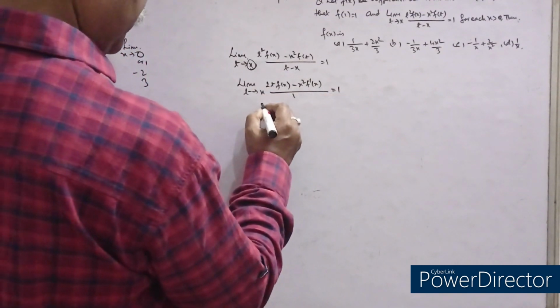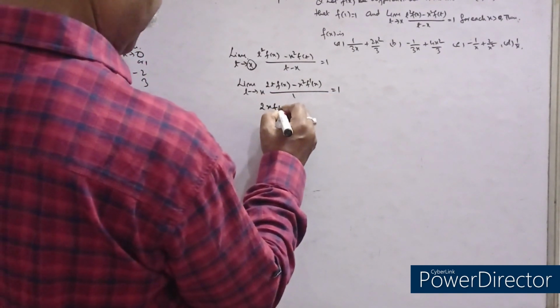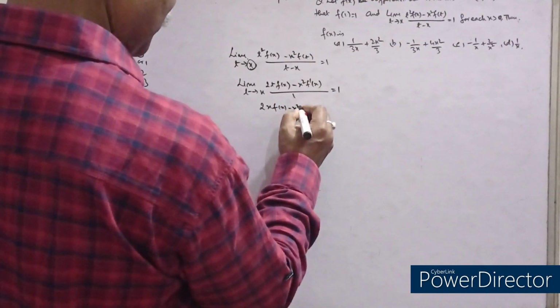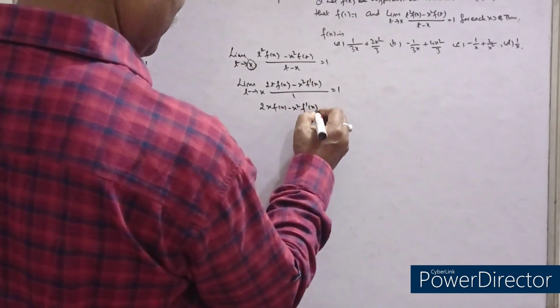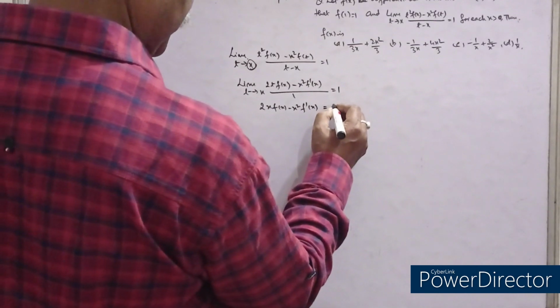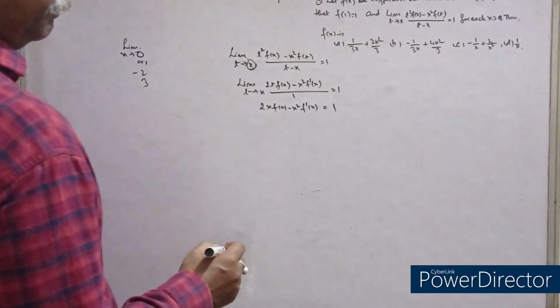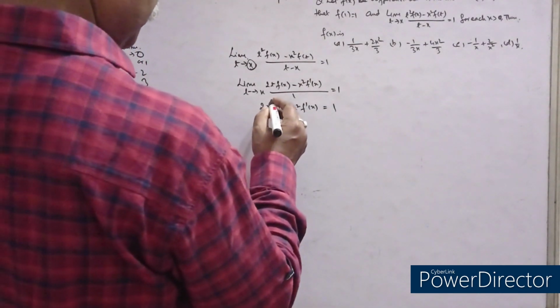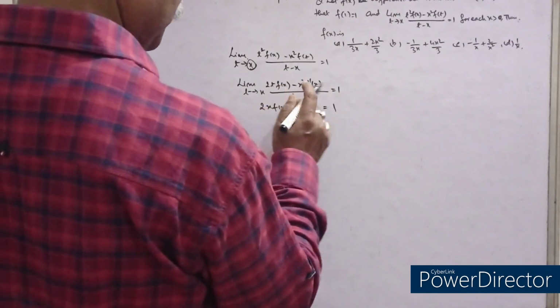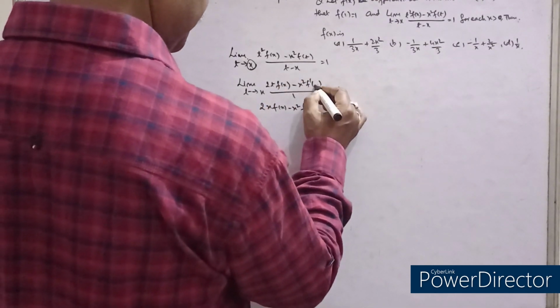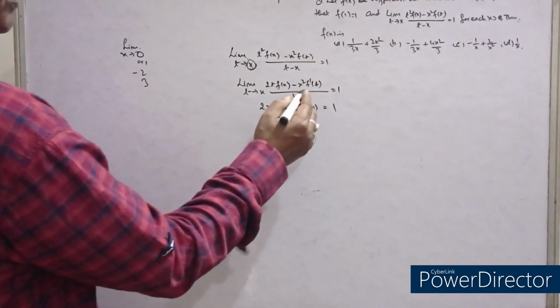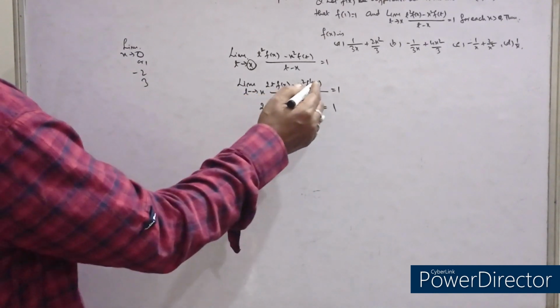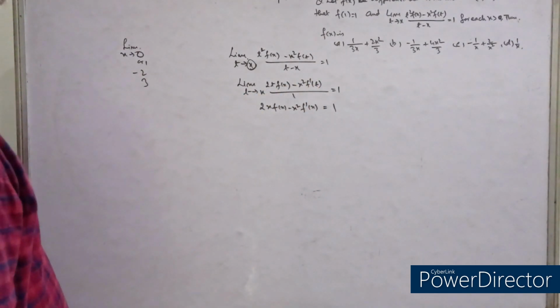So this will be 2x f(x) minus x square f dash x is equal to 1. Here this is f dash t, so when t tends to x, this becomes x.